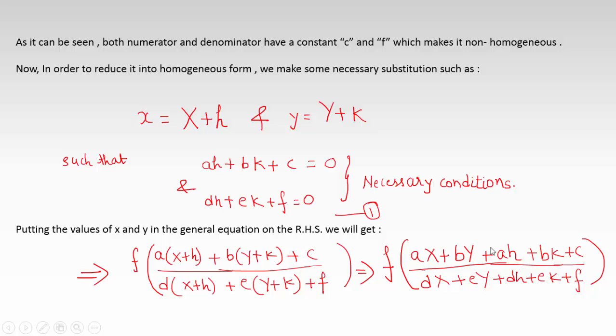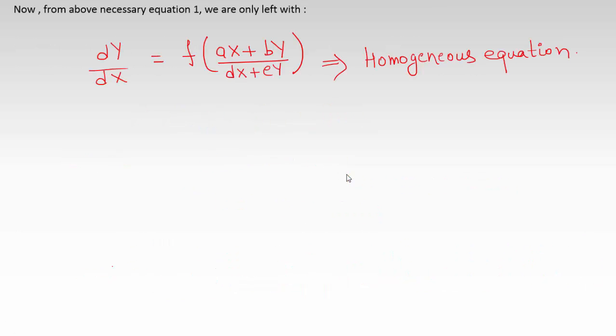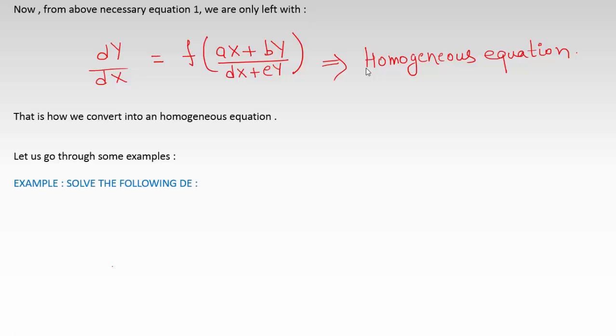Now ah + bk + c and dh + ek + f should be equal to 0 because they satisfy the necessary conditions. After putting both equal to 0, we get dy/dx = f of (ax + by)/(dx + ey). This is simply a homogeneous equation we have just solved in our previous topic. Now it is converted into the homogeneous equation.